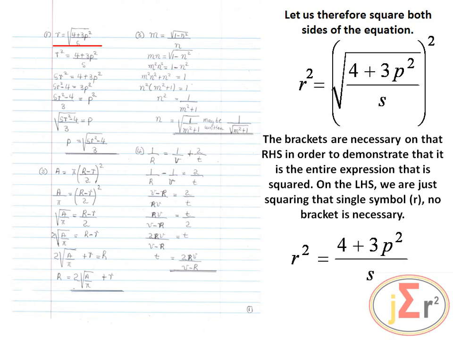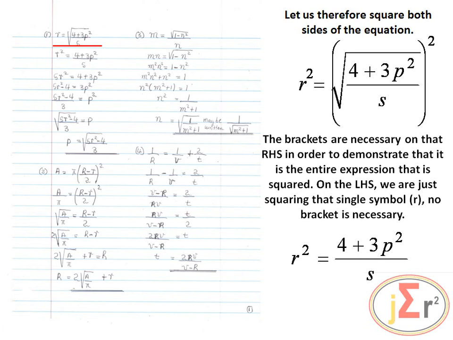So there we have the new expression with the square root eliminated from that right hand side, but we retain the square on the left hand side because we did not have anything acting as an inverse operation of that square.